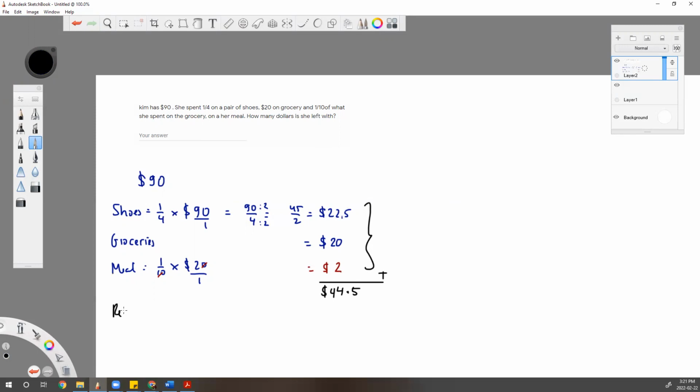So the remaining money, or the amount of money she has left, is $90 subtract the money that she used. So the answer is $45.5. Okay, that's it. So the answer is $45.5. I'll copy this to you.